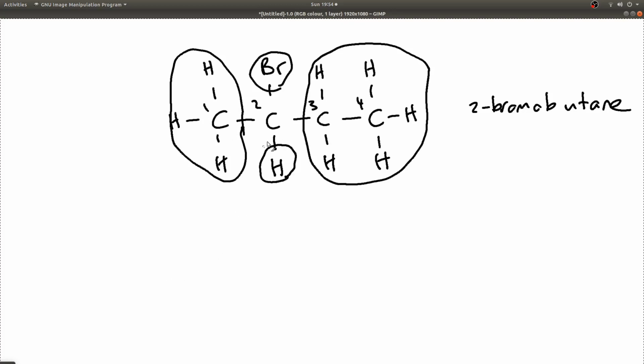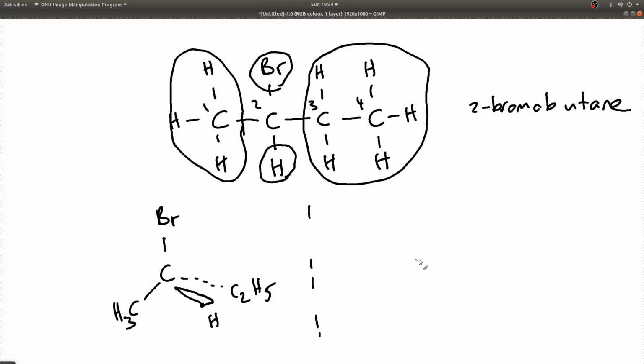If I was to draw this out 3-dimensionally around this carbon here, what we would have, the bromine there, the hydrogen there, not drawn that very well, but there we go, C2H5 there, and a CH3 there. And if we imagine our mirror there and mirroring that, what's it going to look like on this side?